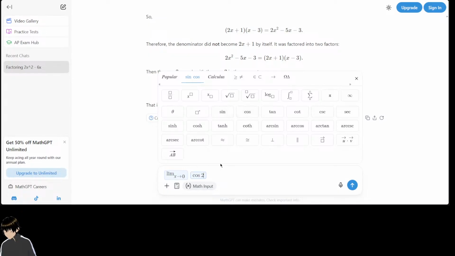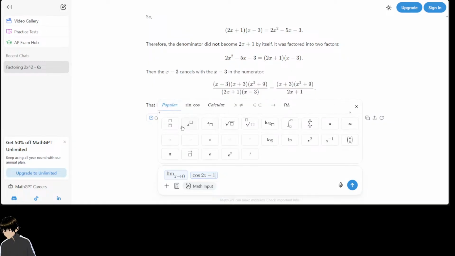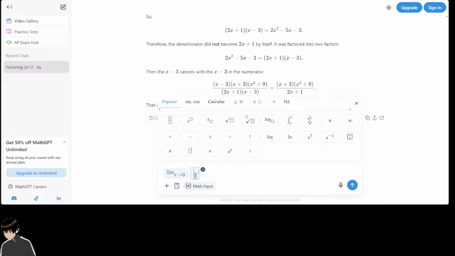Trigonometry questions. Cosine of x minus 1 over cosine of x minus 1. I saw that.